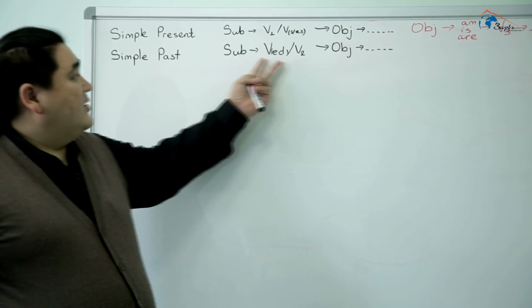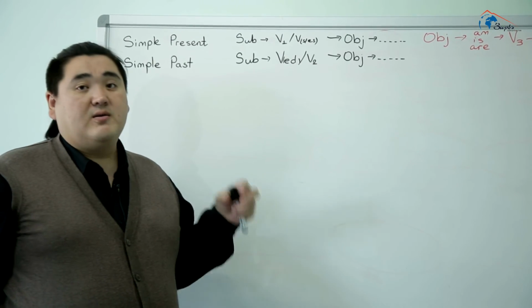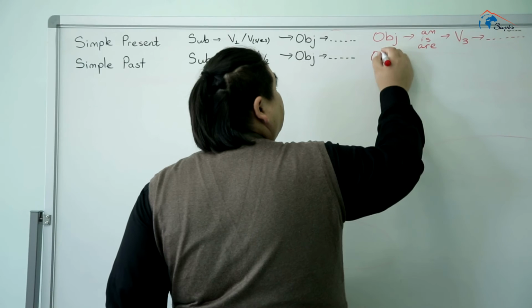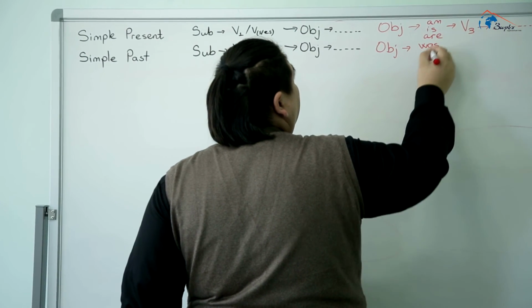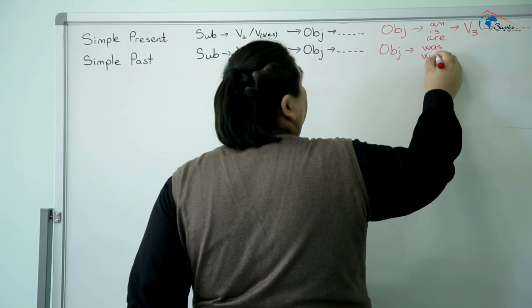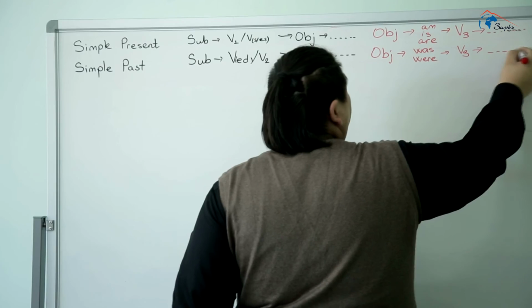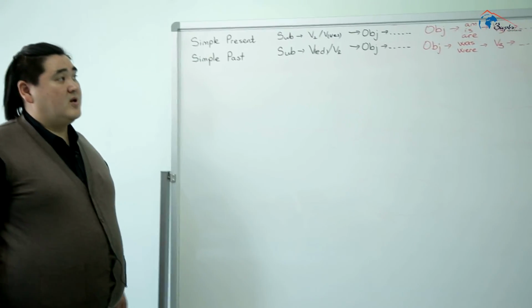In the passive, the next sentence is going to be a little bit different. Was or were. And then it becomes like this. It's going to be easy enough.